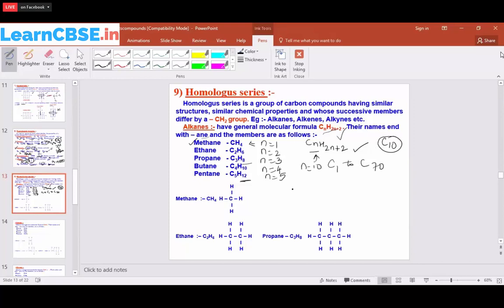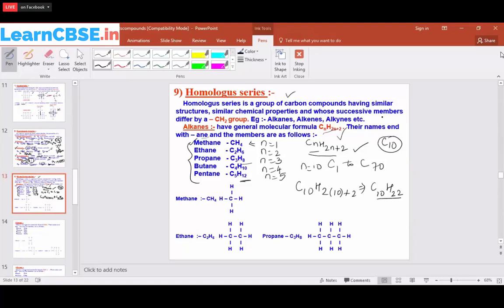I'm going to substitute in this formula: C10H, 2 times 10 plus 2, which is nothing but C10H22. So this is the C10 formula. All these have the same general formula CnH2n+2.